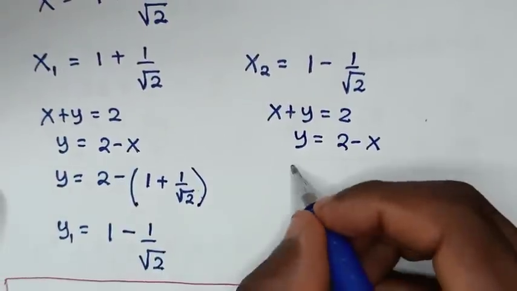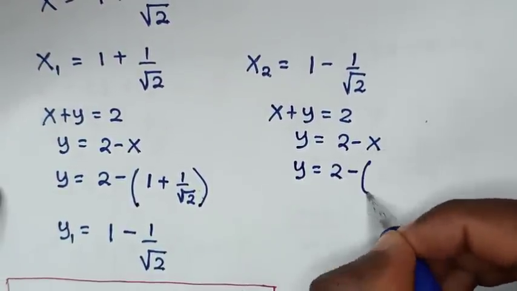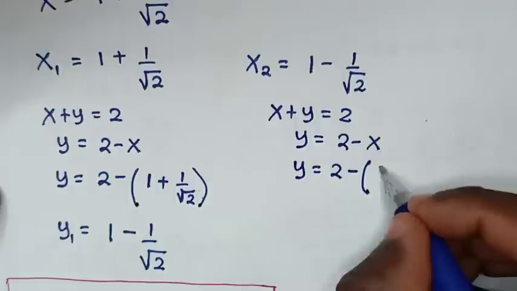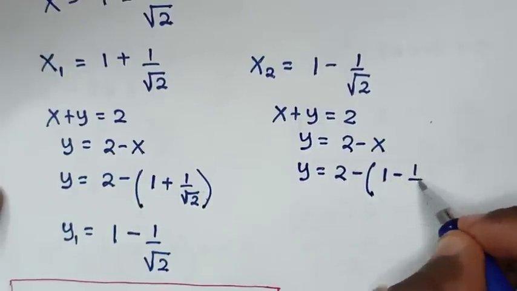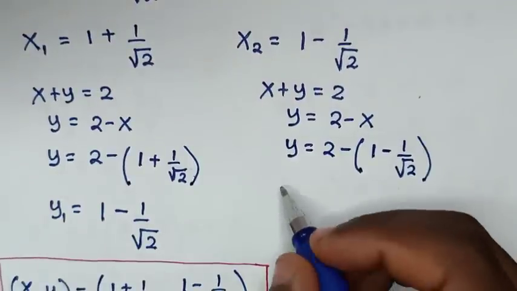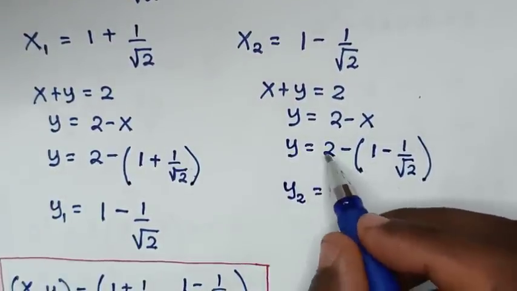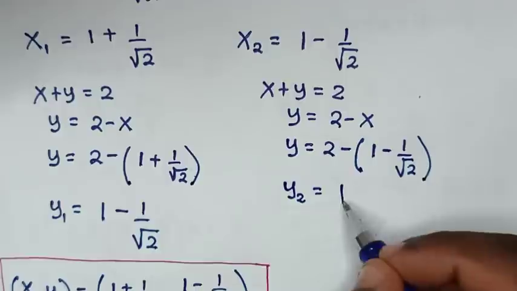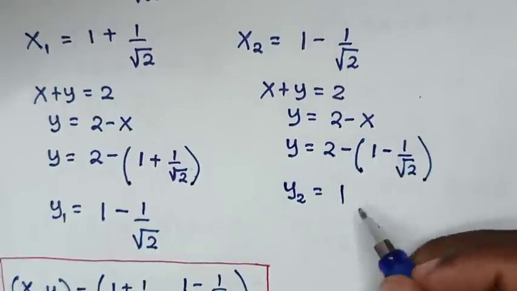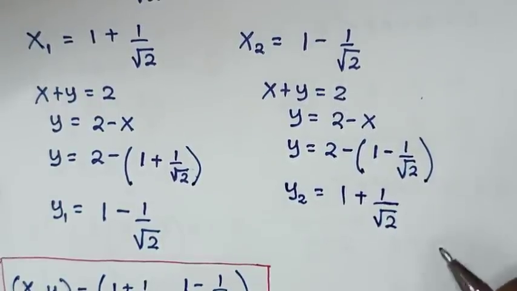We substitute this, so it will be 2 minus the bracket 1 minus 1 over square root of 2. Then y, which is y2, is equal to 2 minus 1, which is 1. This negative and negative become positive 1 over square root of 2.